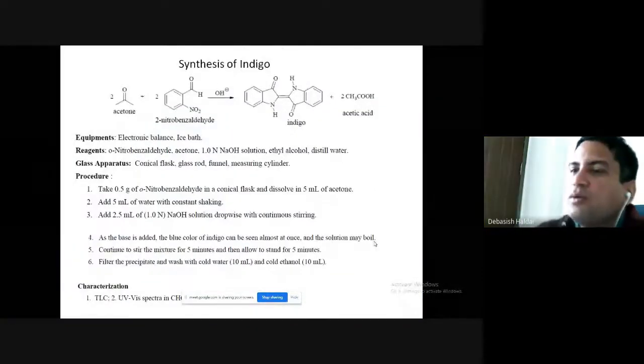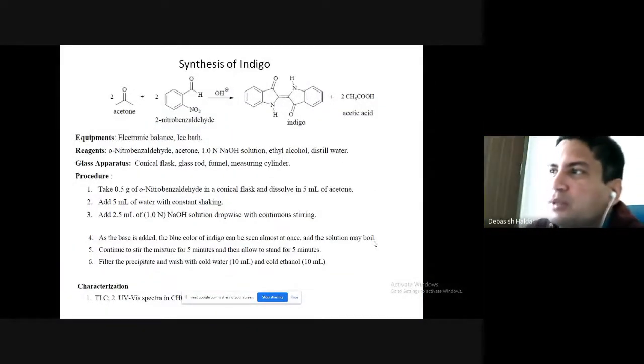So what you have to do exactly in the lab, you need to take 0.5 gram of orthonitrobenzaldehyde in a conical flask and dissolve it in 5 ml acetone. Again, it's roughly, you do not need to be very accurate. So just use a glass rod.